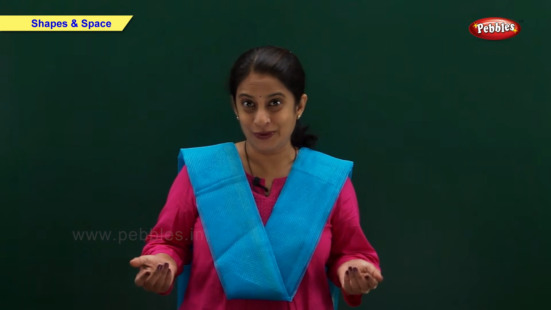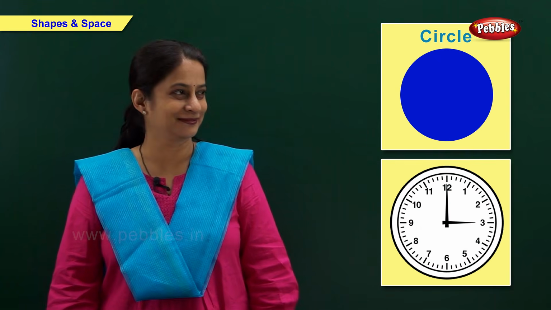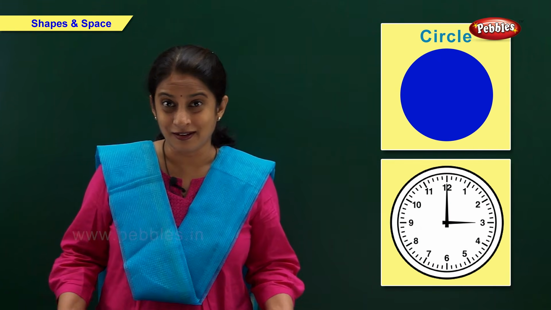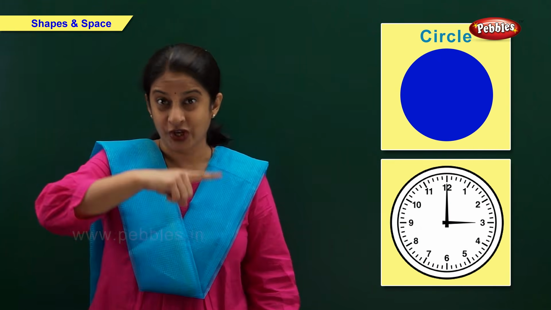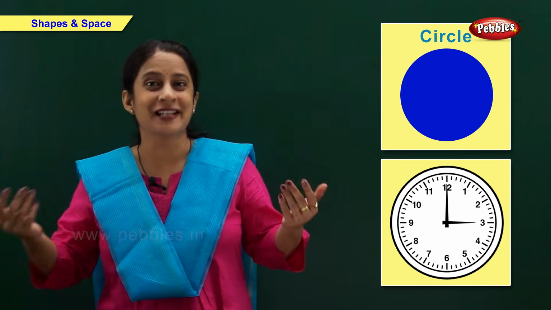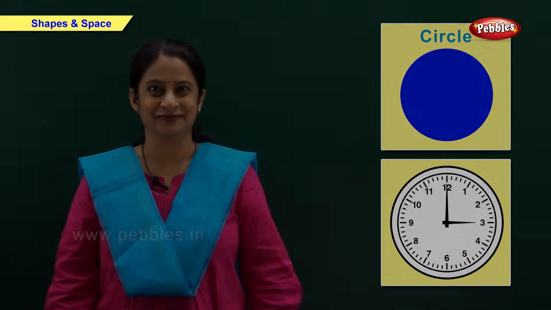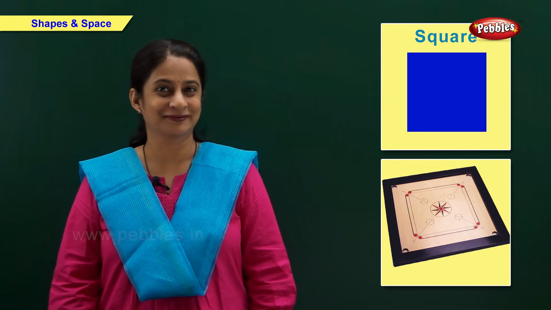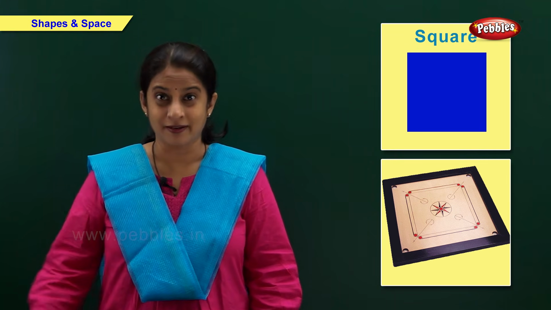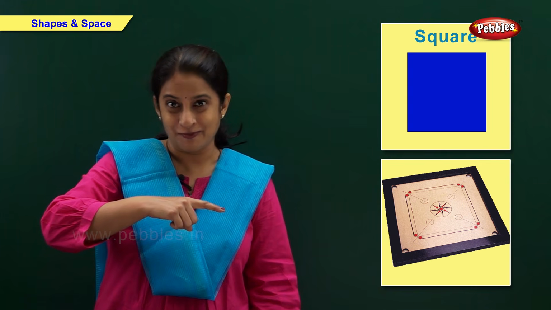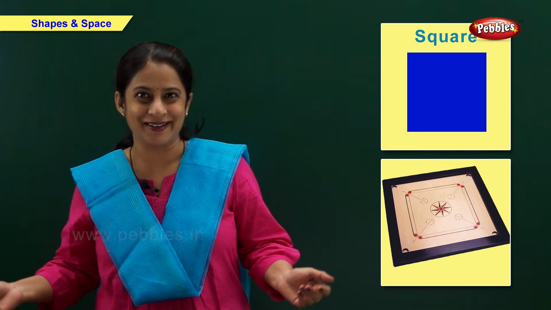Now I am going to show you some examples of shapes. Circle. The shape of this clock is like a circle. Square. The shape of this carom board is like a square.